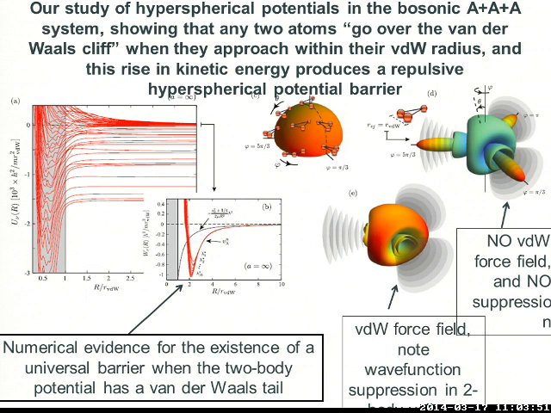And a high kinetic energy in the hyperangles translates into a large hyperradial effective barrier, because it's kinetic energy in the hyperangles that is the lambda squared over 2 mu r squared part of the Hamiltonian. So this is getting big whenever two bodies are probing this region. That's our qualitative way of interpreting this result.